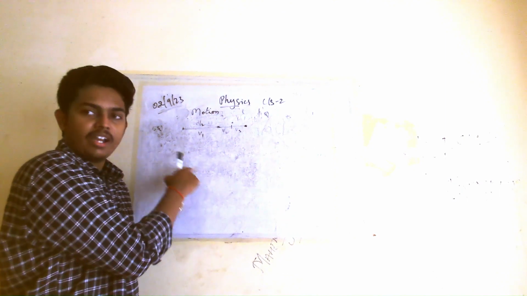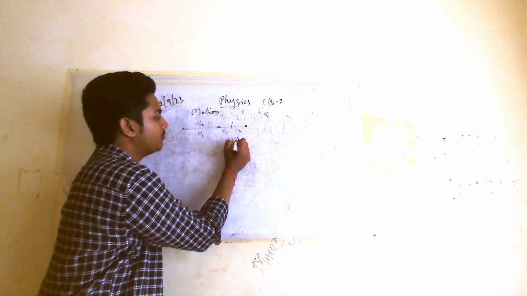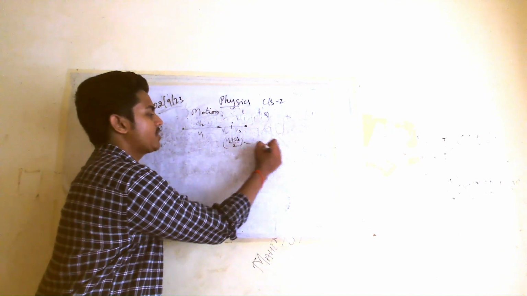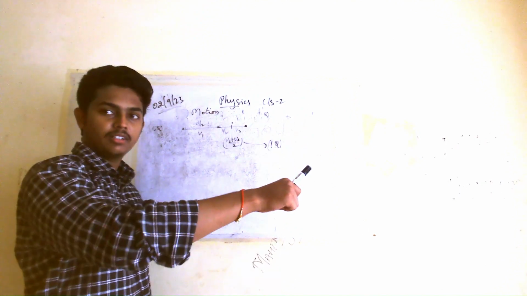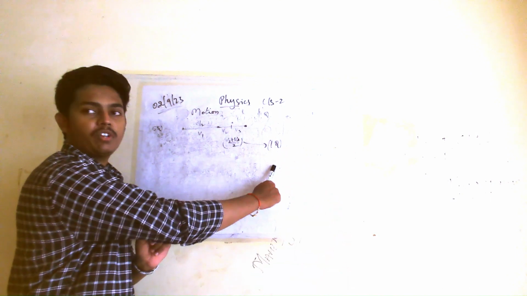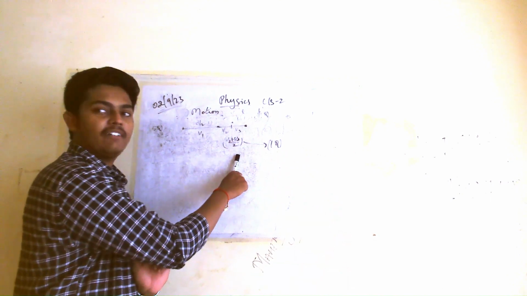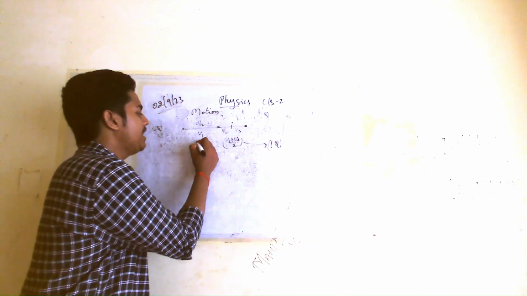Here he is asking to find the average speed of the body. Here the average speed will be v2 plus v3 by 2. I can clearly tell from my first question. If you have missed the first question, go back to this video again from the start, resolve the first question and come back here. So this average speed will be v2 plus v3 by 2, and here speed is v1.